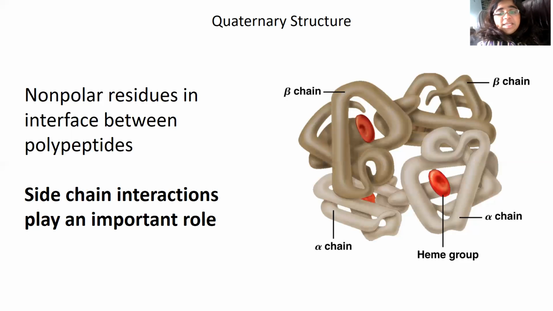So again, the side chains play an important role in this because depending on how the polarity is, that changes the position of that polypeptide in the structure, okay?